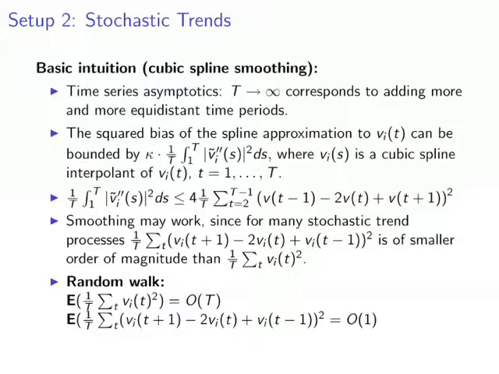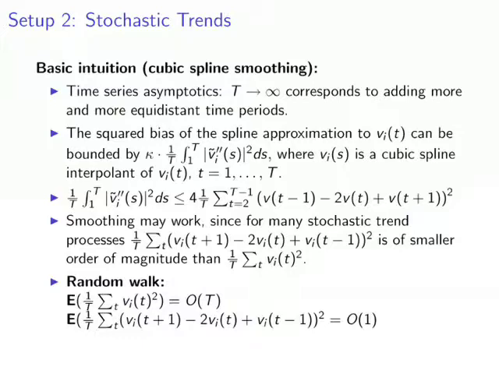And the big point is that if we have a random walk, for example, the sum of the vi of t squares will increase. This thing is of the order t, whereas the second differences, they are stationary, of order 1.